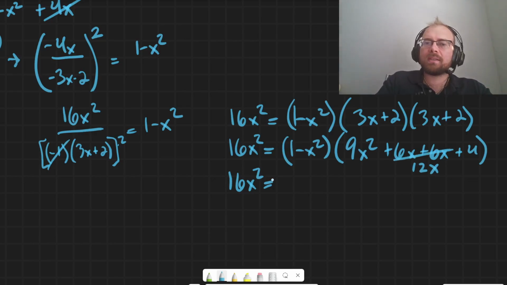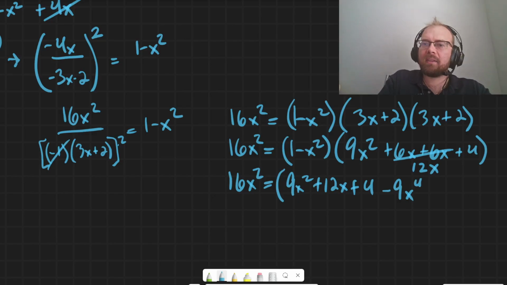So now let's distribute the rest of it. That's going to be 1 times 9x squared, 1 times 12x, 1 times 4. Then that's going to be minus x squared times a positive 9x squared. So that's going to be a minus 9x to the fourth, minus 12x cubed, minus 4x squared.